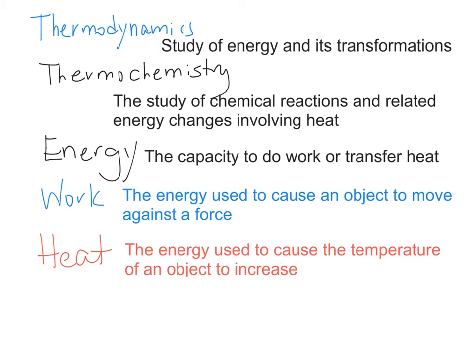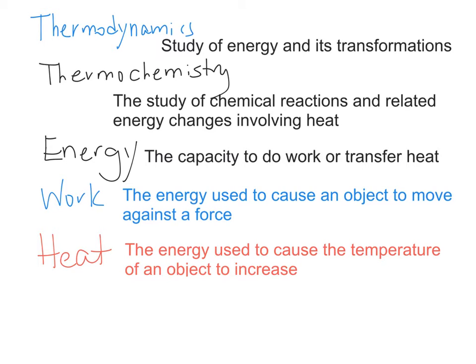There is just the transfer of heat. And we'll talk about that more. So those are our definitions. And so now we said that heat is the energy used to cause the temperature of an object to increase. And heat is just the transfer of energy.